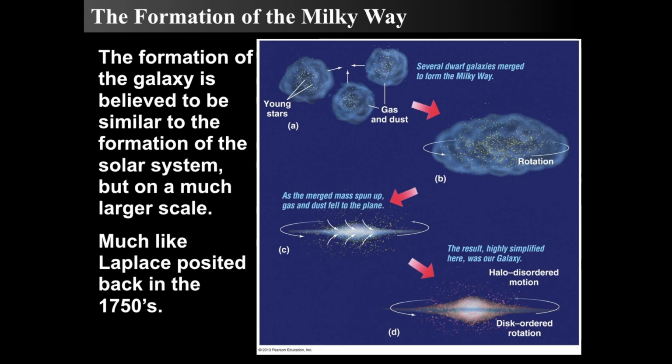And the gas that was there was almost all hydrogen and helium. And so those stars were formed out of gas that was only hydrogen and helium. And that's what we mean by metal poor. And so this concept was actually come up with by Laplace in terms of his idea about the formation of the solar system as well as the formation of the galaxy.